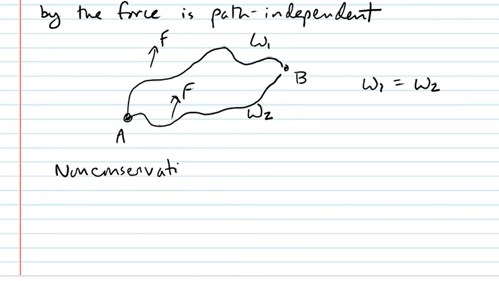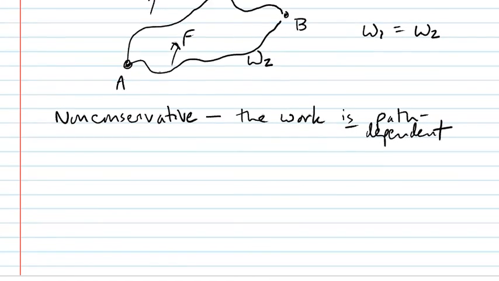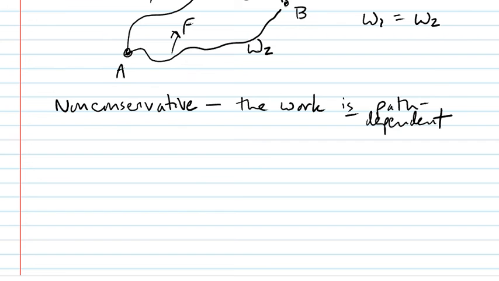Non-conservative force. Yeah, that's one that's not conservative, but that means the work done by the force is path dependent. Since friction converts one kind of energy into heat energy, the path that's taken makes all the difference.